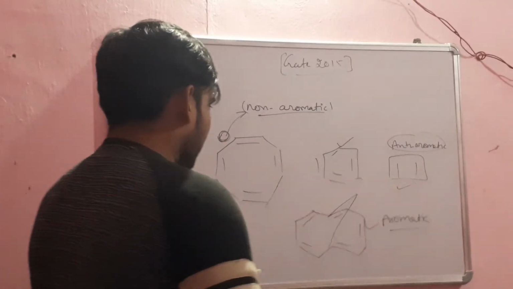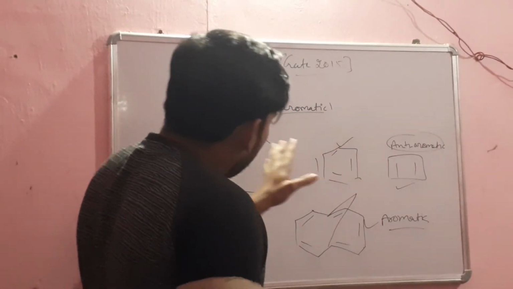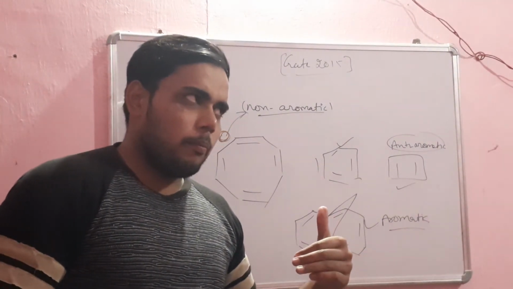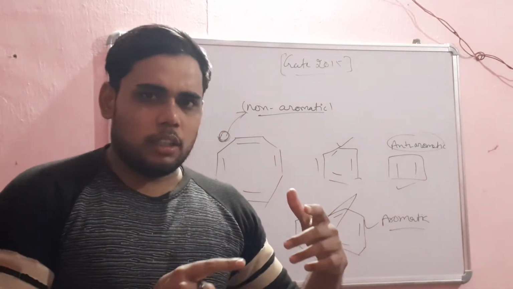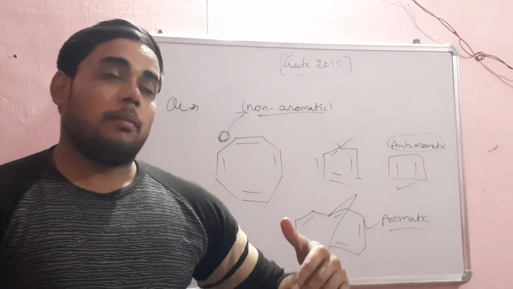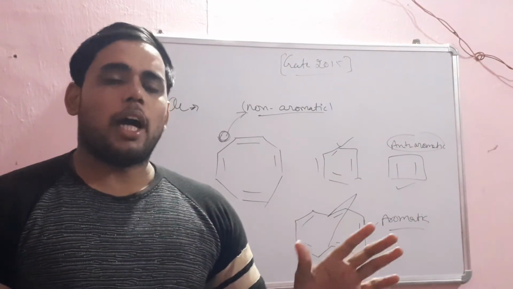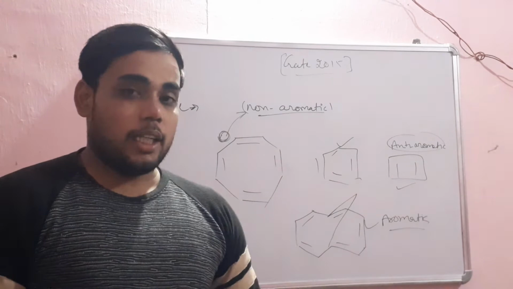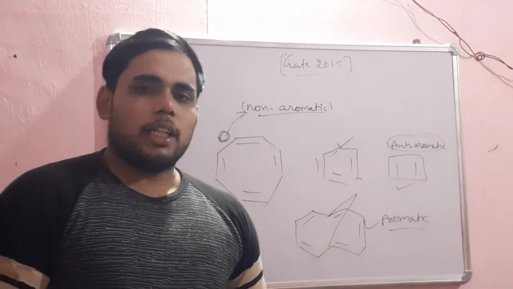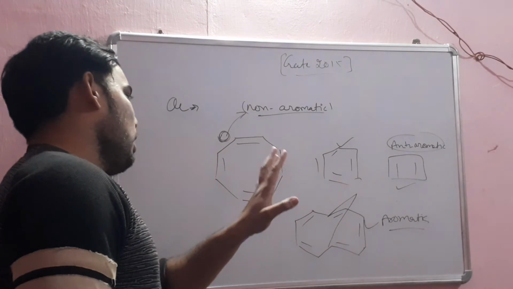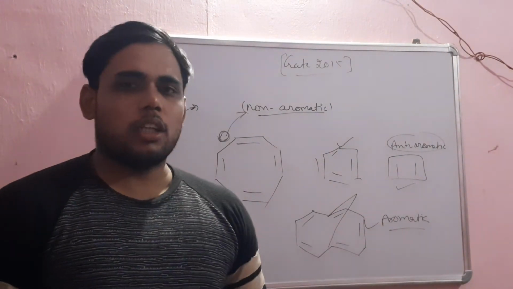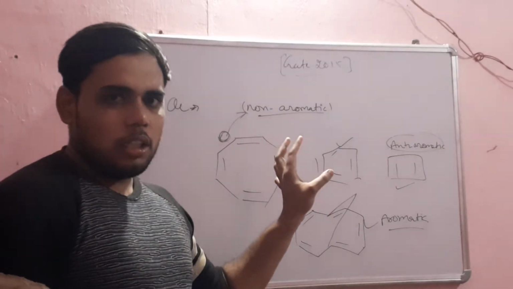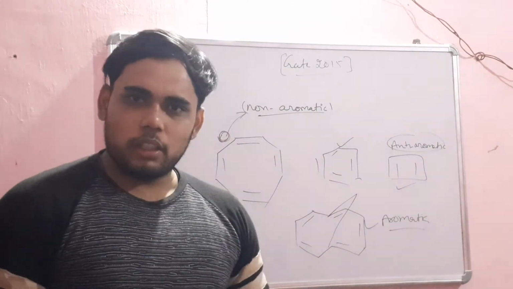It is not called anti-aromatic because when the carbon number increases from 7 to 8 or higher than that, then the non-aromatic concept is there. It is not called anti-aromatic anymore. Anti-aromatic is being converted to non-aromatic. So this lies in the category of anti-aromatic, but due to the ring size factor, it is called non-aromatic.